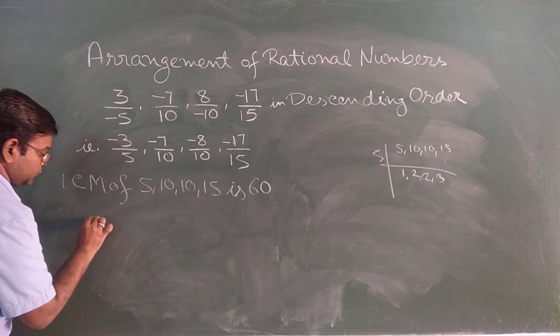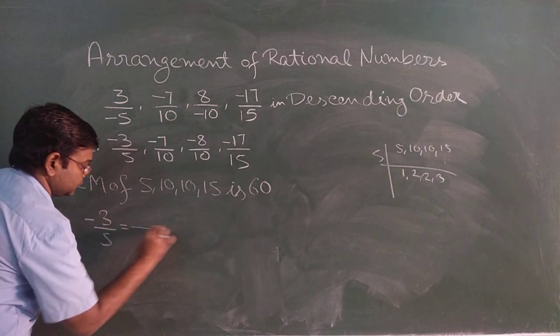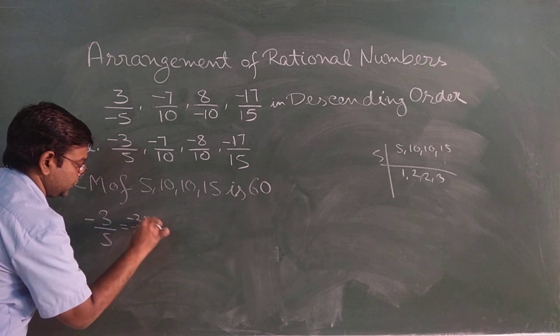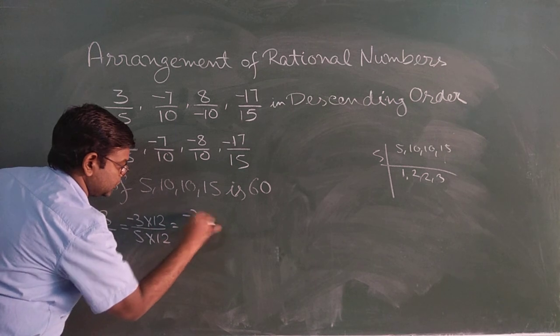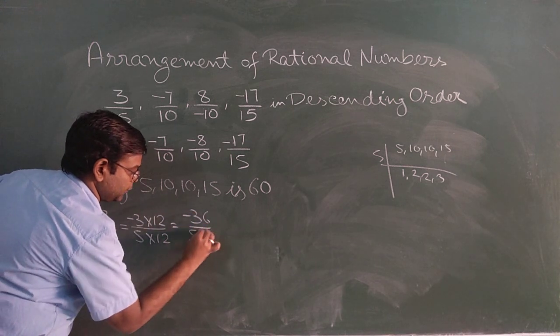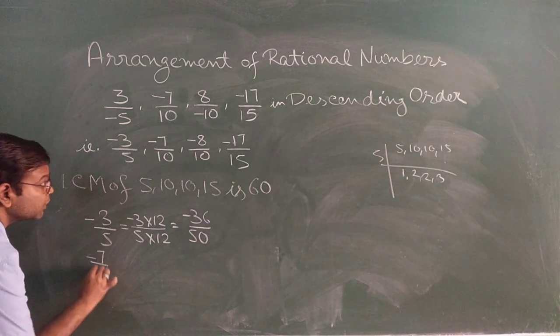So write down minus 3 upon 5 equals minus 3 into 12 upon 5 into 12. Why? It's minus 36 upon 60. First one. Then next one is minus 7 upon 10.